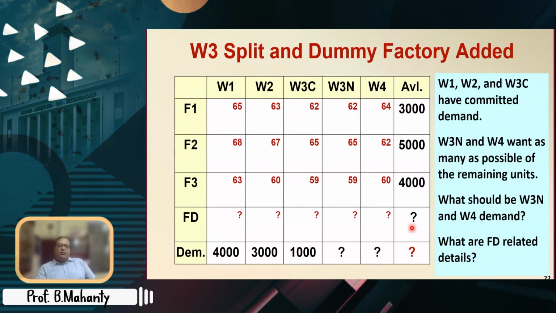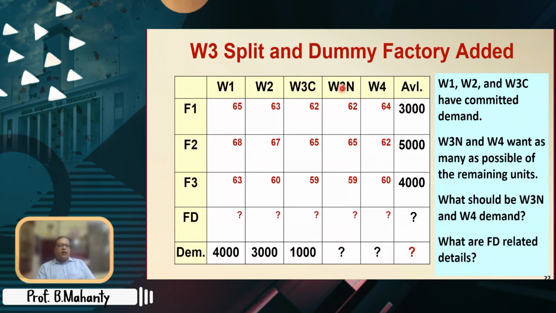You made a very good comment: give them as much as possible. If you take that kind of strategy, it is very interesting and good. The strategy is that W3N is interested in all the remaining units. How many are remaining? 3000 plus 5000 plus 4000 is 12,000, minus 4000, minus 3000, minus 1000, equals 4000.